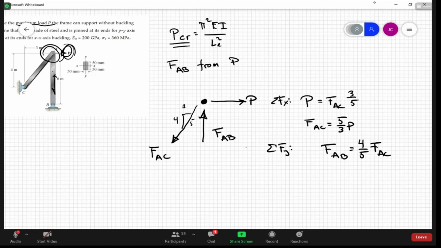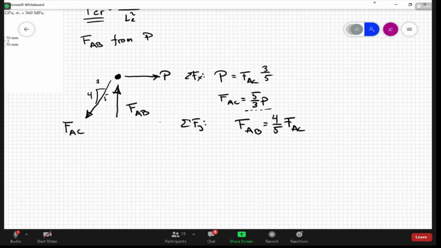We know FAC is 5/3 of P, so if we put that in, FAB is 4/3 P. So the compressive force in element AB is equal to 4/3 of the value P.